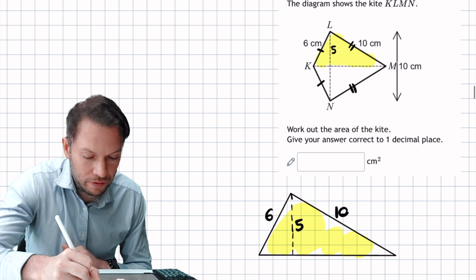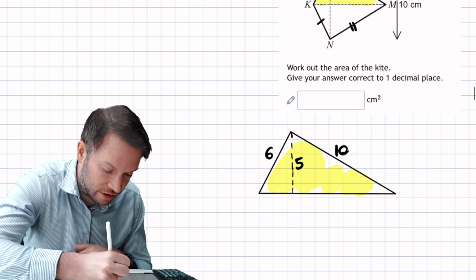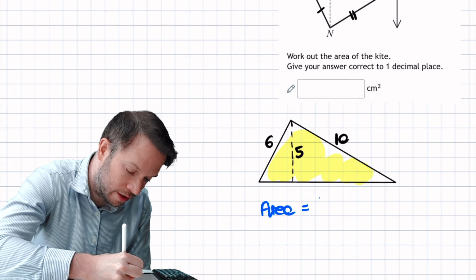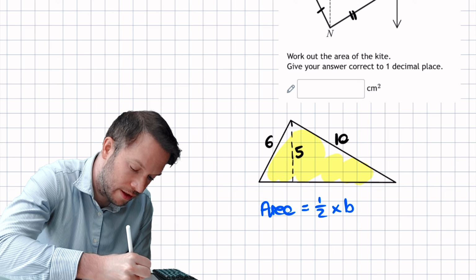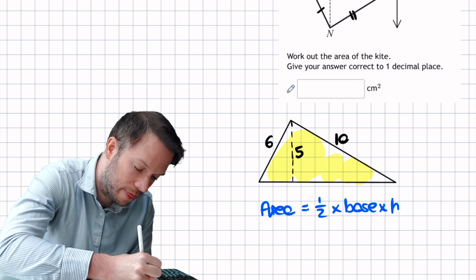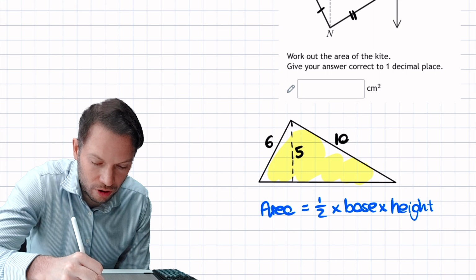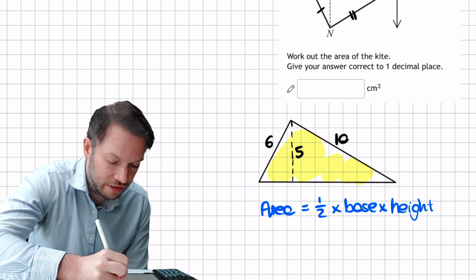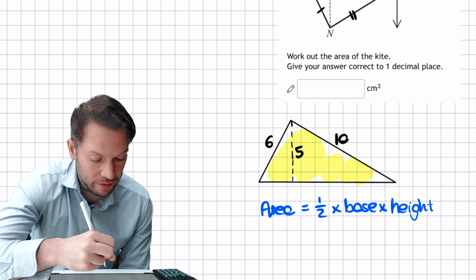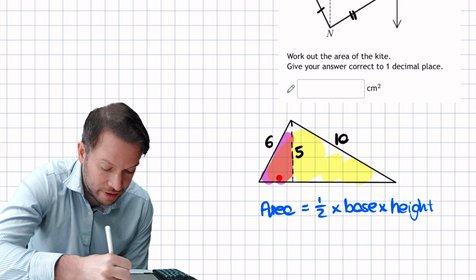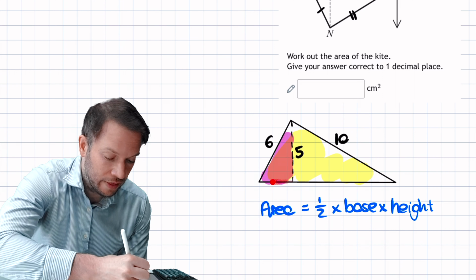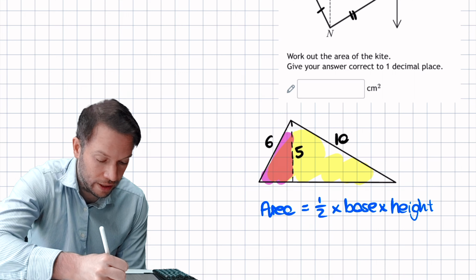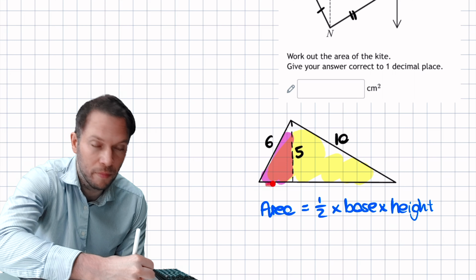Now, to find the area of a triangle, you just need to do half times the base times the height. So we've got to use the base of the triangle, which we don't currently know, plus the height of the triangle, which we know is 5. So let's use the triangle on the left to find out what this length is, and the triangle on the right to find out what this length is, and then the base of this triangle overall will just be the sum of those two lengths.